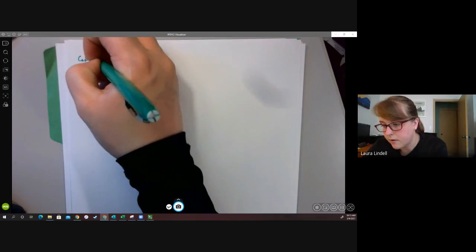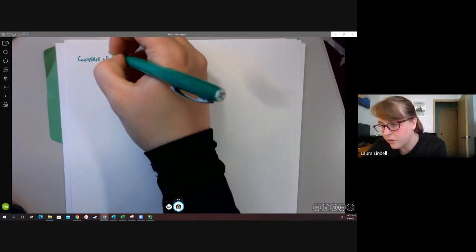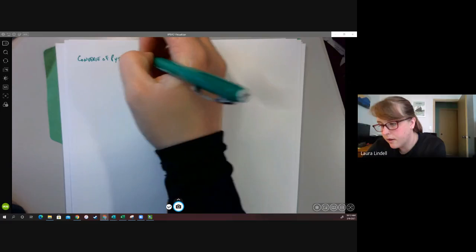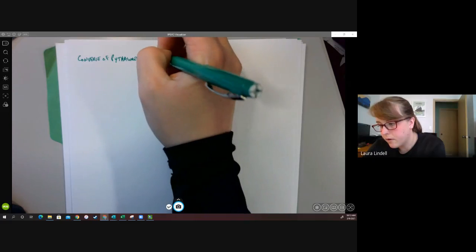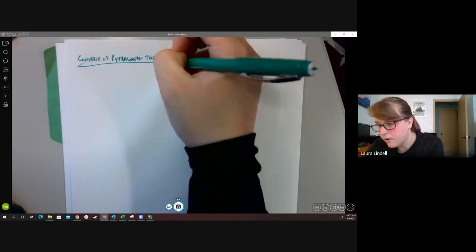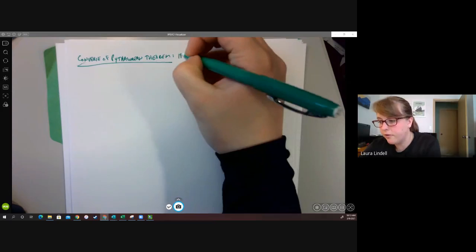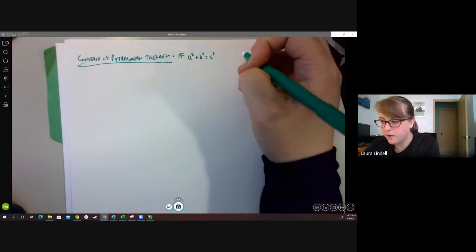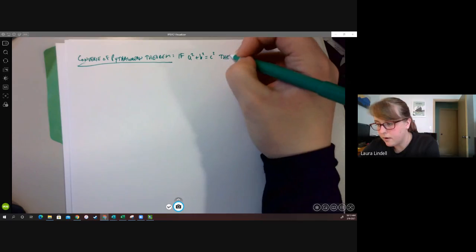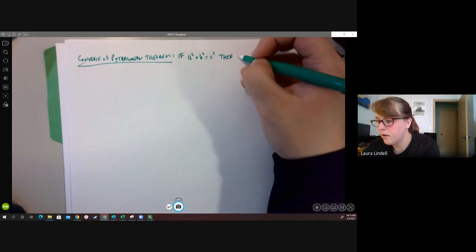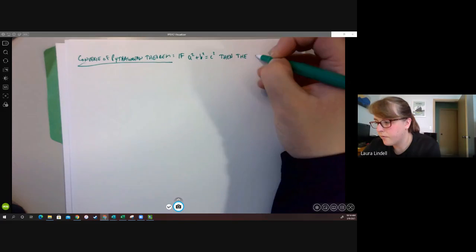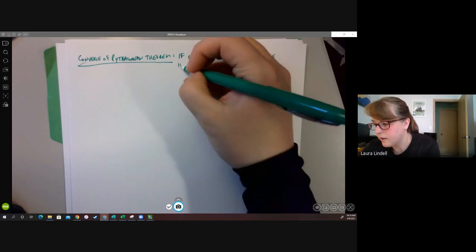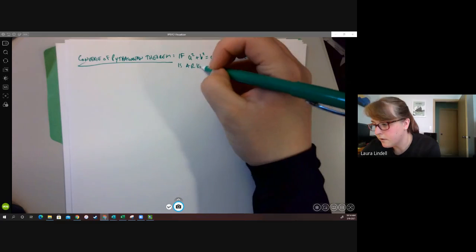Converse of the Pythagorean theorem, which says if a squared plus b squared equals c squared, then the triangle is a right triangle.